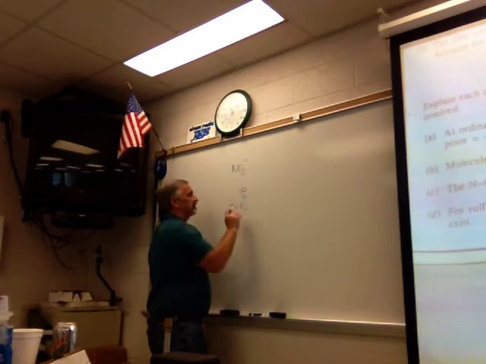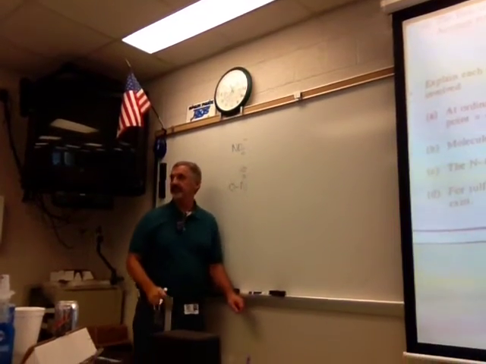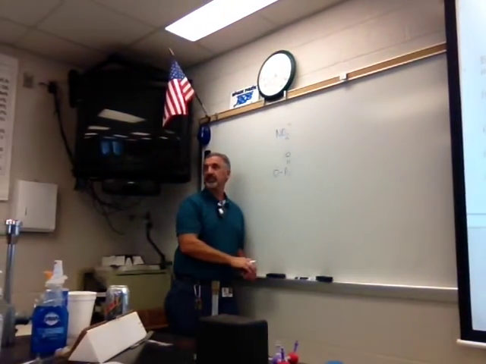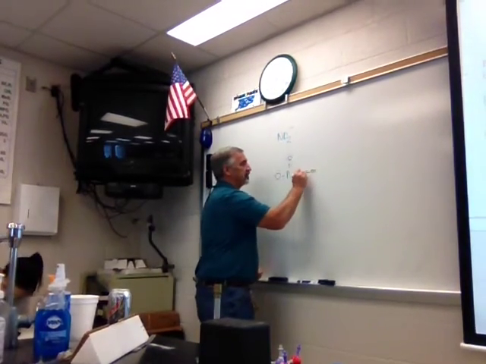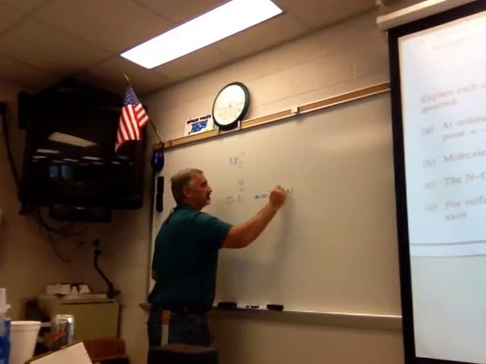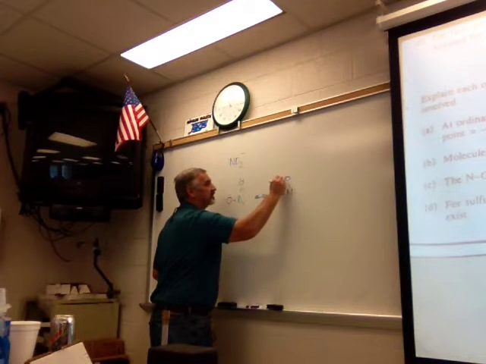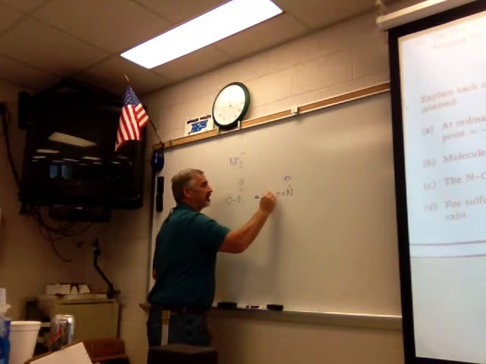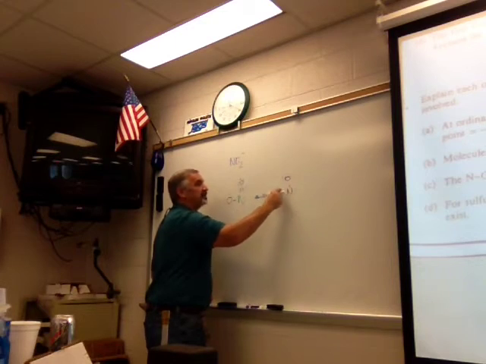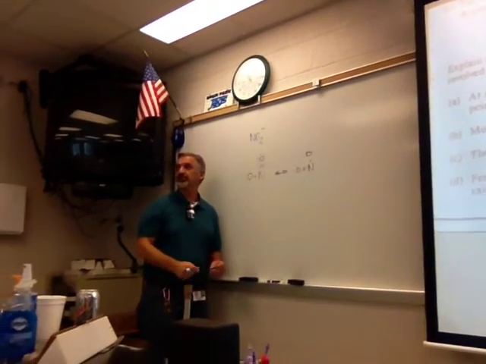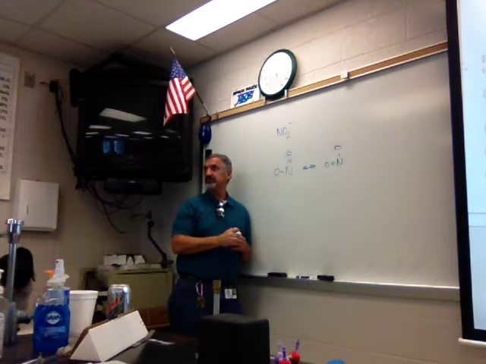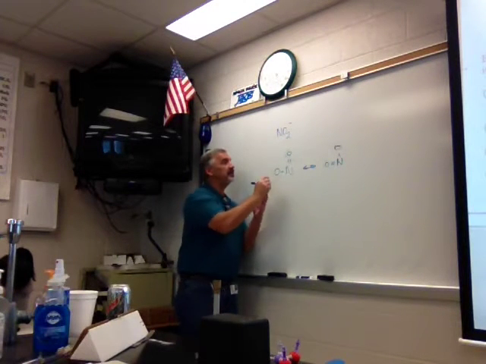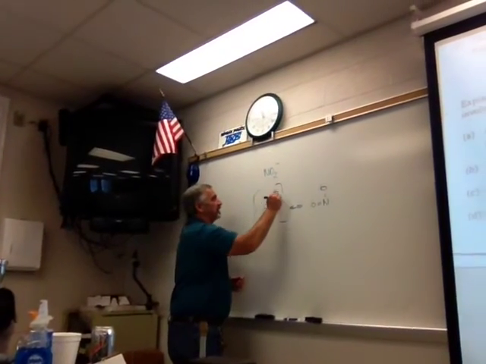So if it looks like this, what's my resonance structure going to look like? You can put the double bond on this oxygen, right? So as a result, with resonance, these 2 bonds are going to be identical, and what's the bond order going to be for them? 1.5. So they're going to be equal in length, and since it's an ion, we put it in a bracket.